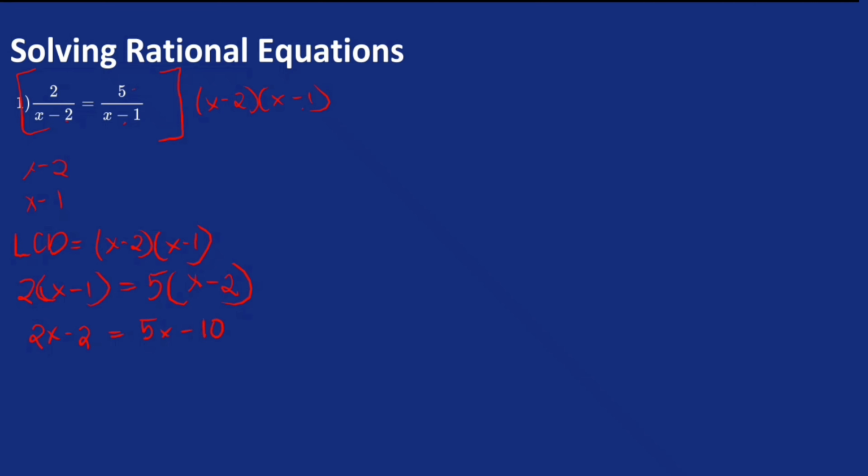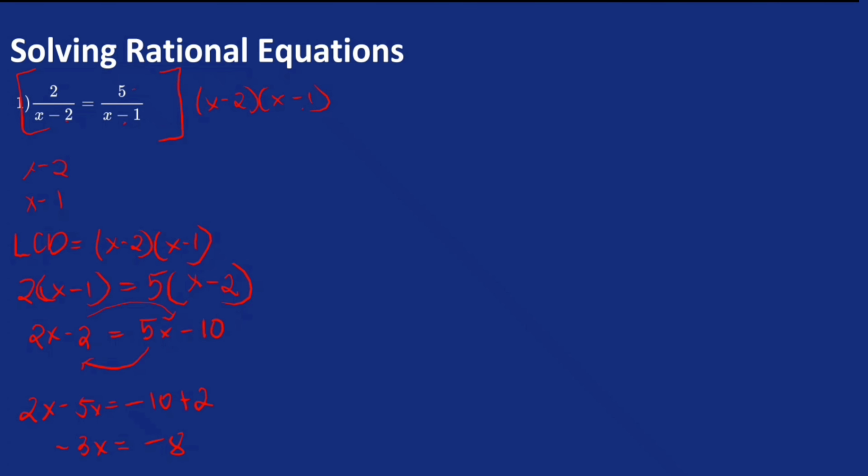So that means by transposition, we can transpose 5x and negative 2. And our equation will be 2x minus 5x equal to negative 10 plus 2. And simplifying, you'll have negative 3x equal to negative 8.